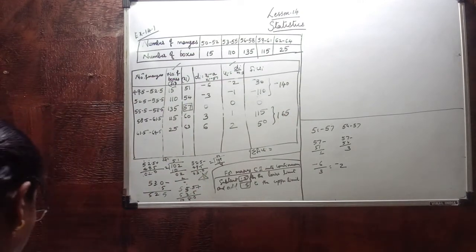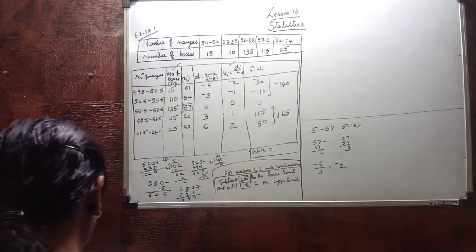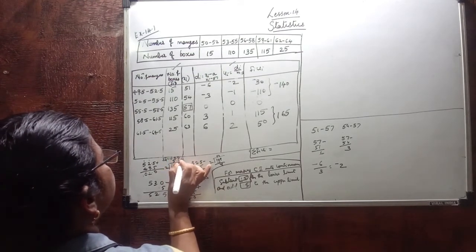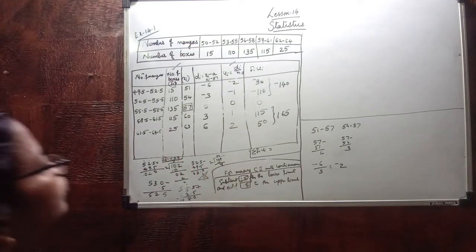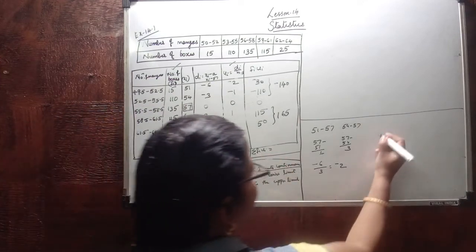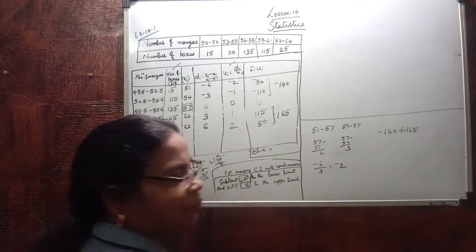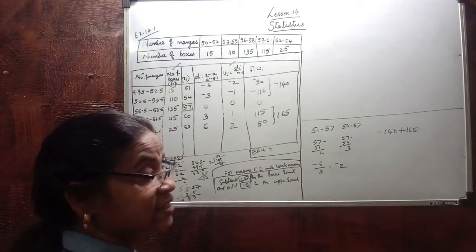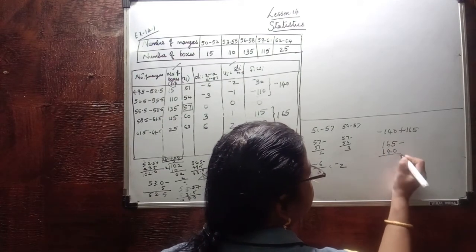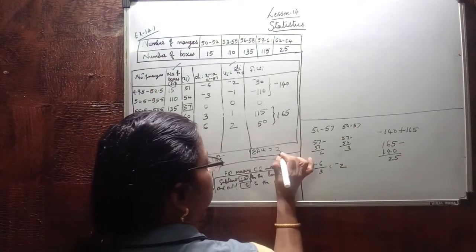And then total fi, you will get the answer as 400. Now look, here sigma fi ui you have to find out. That means negative 140 plus 165. Different sign addition: subtract and put the sign of the bigger one. 165 minus 140 is 25. The bigger one is positive, so it is 25.